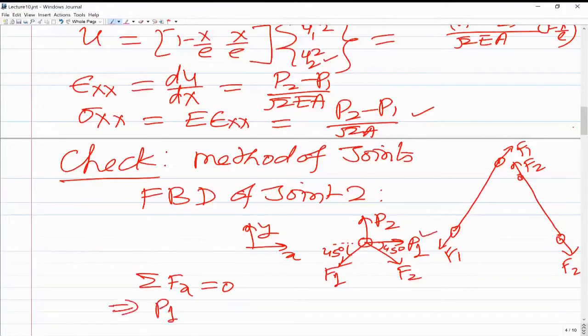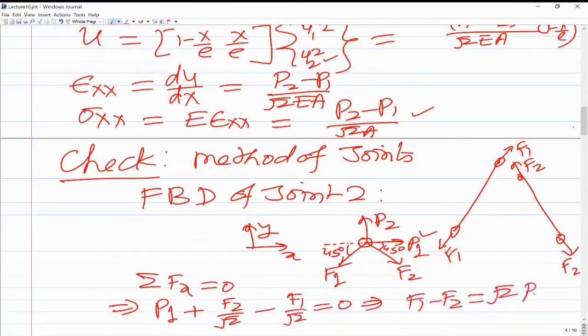And then F2 will have a component, say F2 cos 45, and cos 45 is 1 upon root 2, so F2 upon root 2. And then the component of F1 in this direction will be minus F1 cos 45, which would be minus F1 upon root 2, equal to 0. So this equation can be written as F1 minus F2 is equal to root 2 into P1.